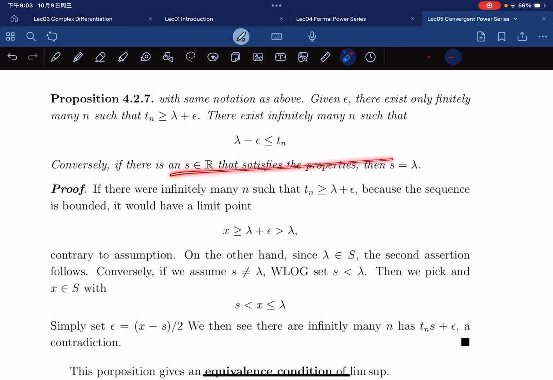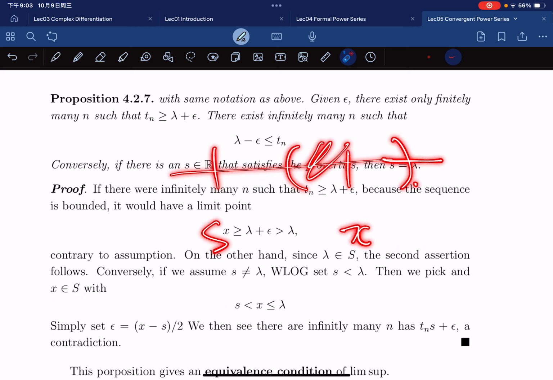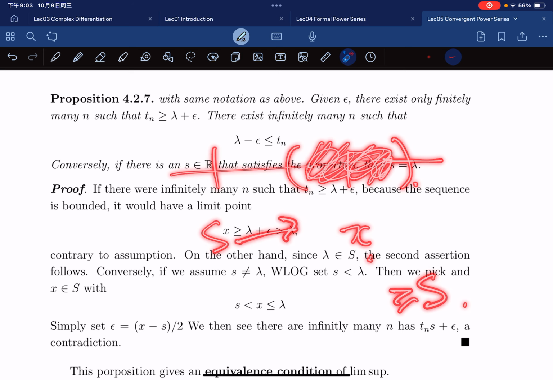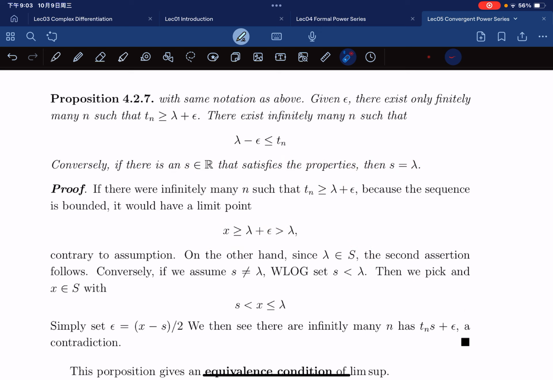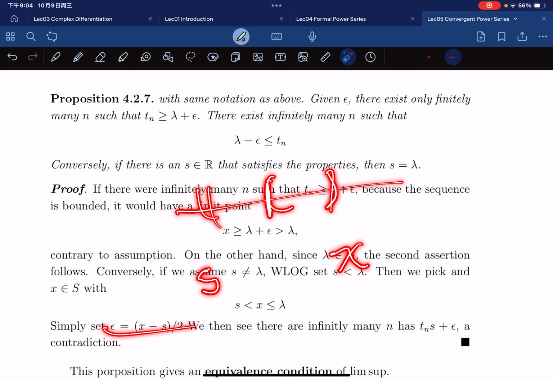But remember, as x is here, there will be infinitely many T_n that are greater than or equal to S plus epsilon, where epsilon is the midpoint, the distance between S and x over 2. So there will be infinitely many here. So done.